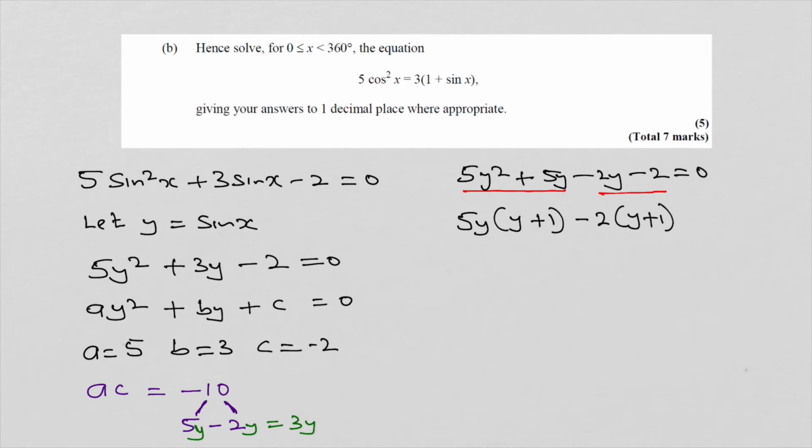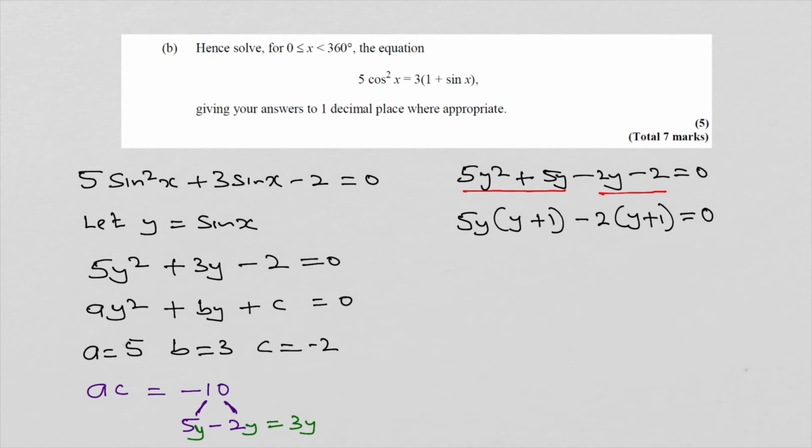If I expand the bracket back, I should get the same thing as at the top. 5y times y is 5y squared. 5y times 1 is 5y. Minus 2 times y is minus 2y, minus 2 times 1 is minus 2, and so yes, we got the same thing back, and that equals 0.